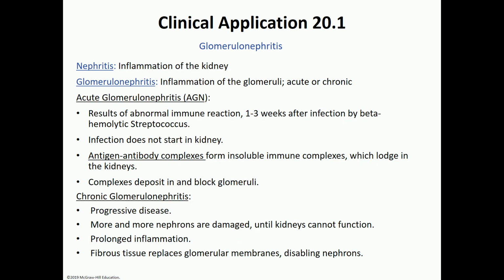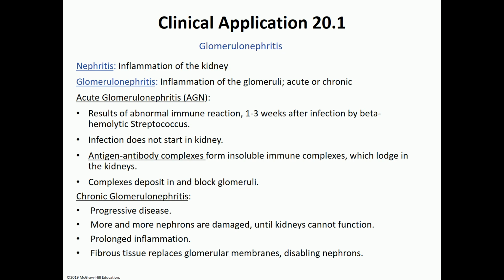Now, a little clinical application about the kidney and a condition known as glomerulonephritis. Nephritis means the inflammation of the kidney. Glomerulonephritis means the inflammation of the glomeruli. And that could be either an acute process or a chronic process. In acute glomerulonephritis, the infection really doesn't usually start in the kidney.